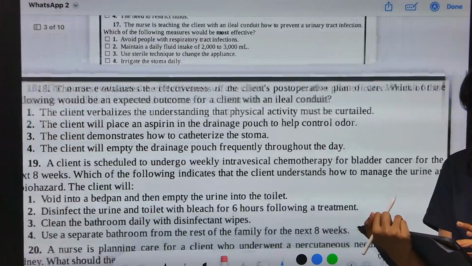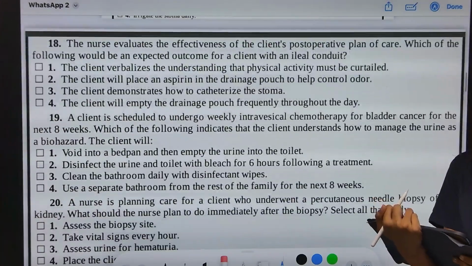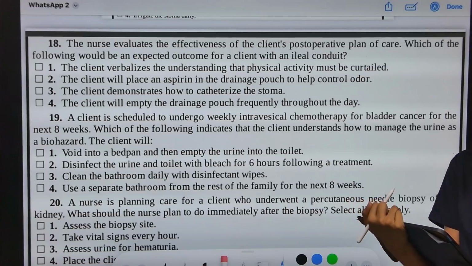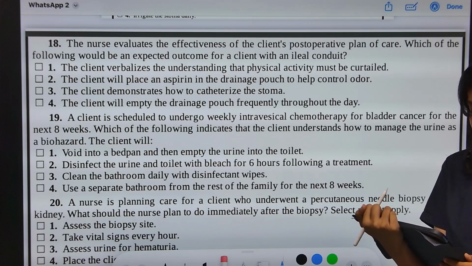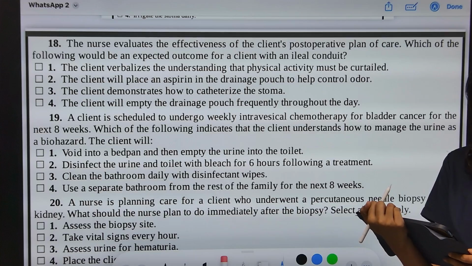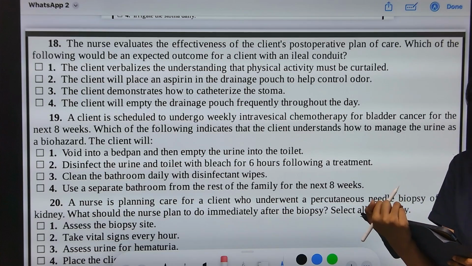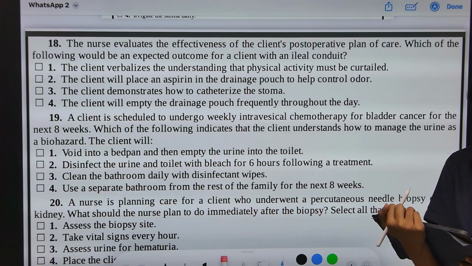Now question number 18 is on the screen. The nurse evaluates the effectiveness of the client's post-operative plan of care. Which of the following would be an expected outcome for the client with an ileal conduit? The 4 options are on your screen. Just tell me the right answer.